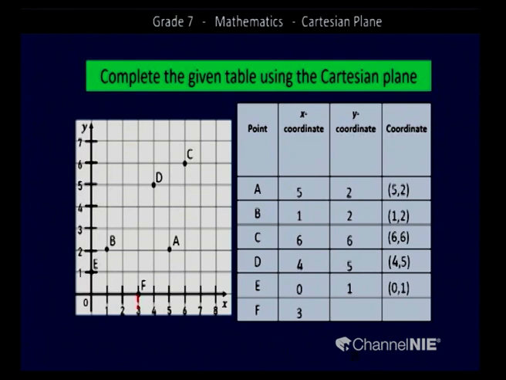Therefore, when I draw a perpendicular from point F to the y axis, I can say it goes to 0. That means the y coordinate of point F is equal to 0. That means the coordinates of point F can be written as (3, 0), once again within brackets.